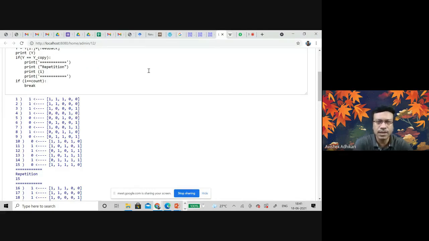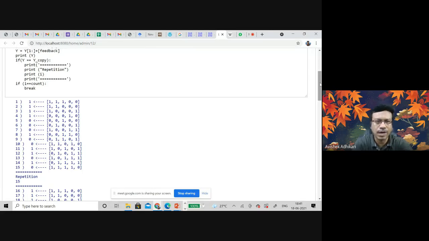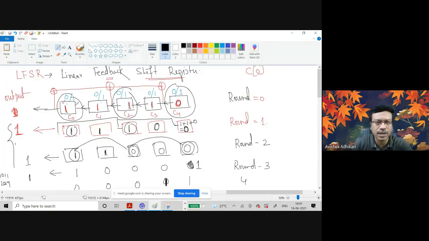First, look at the outputs. If you look at the first 5 rounds, I started with 5 states, called the initial states. Whatever is in the registers, each box is known as a register.